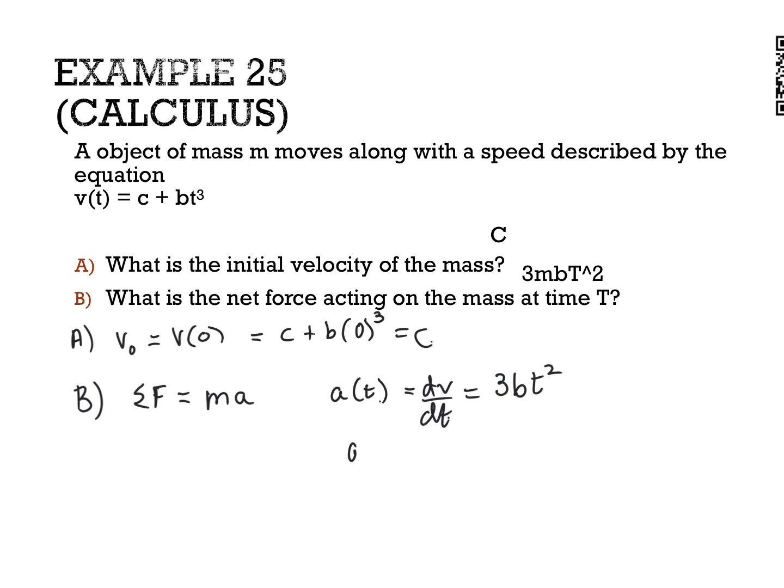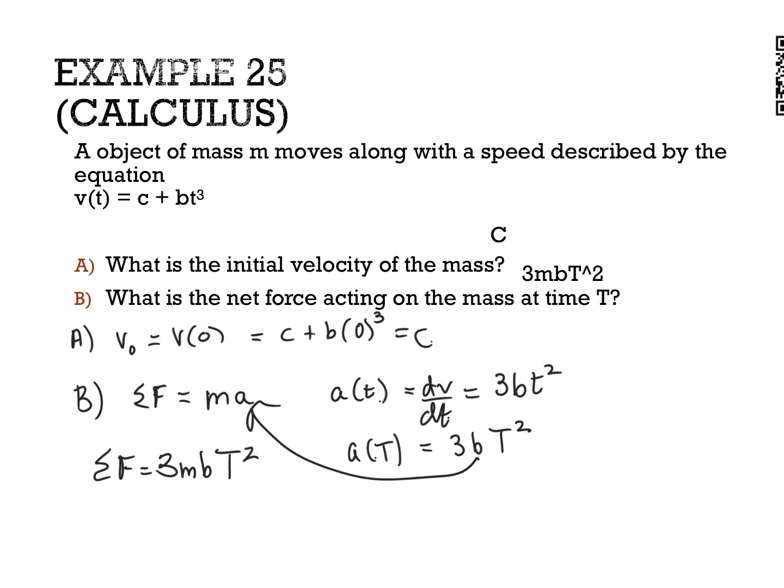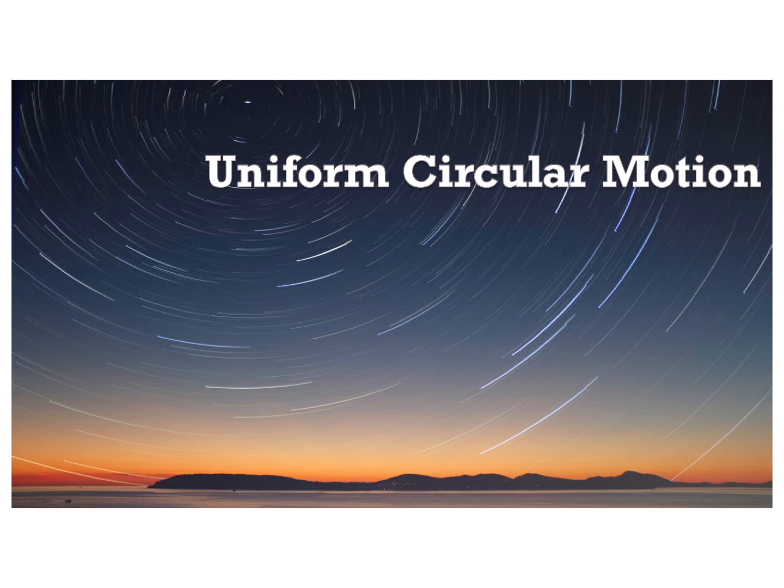So the acceleration at t is going to be 3b T squared. Okay, so the sum of the forces then, if we take that and plug it in, is just going to be 3mbt squared. We'll just multiply it by m. Calculus is easy.